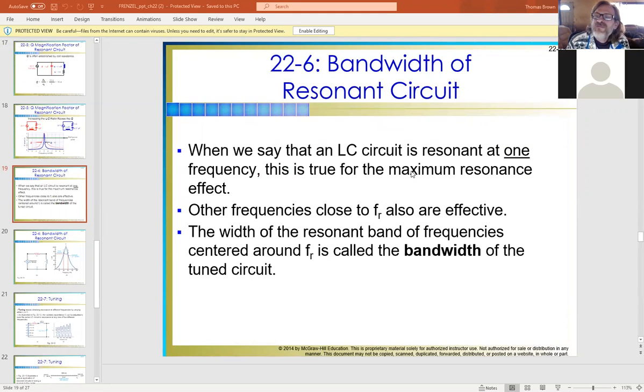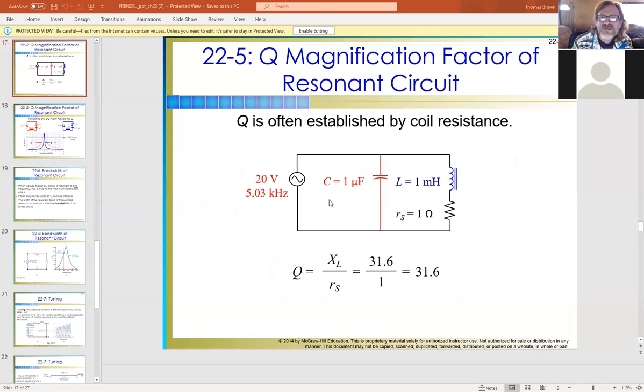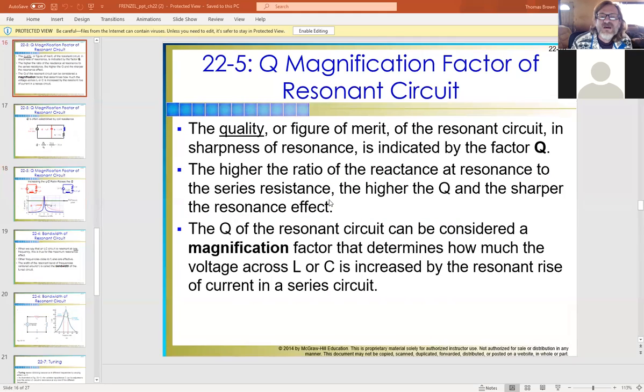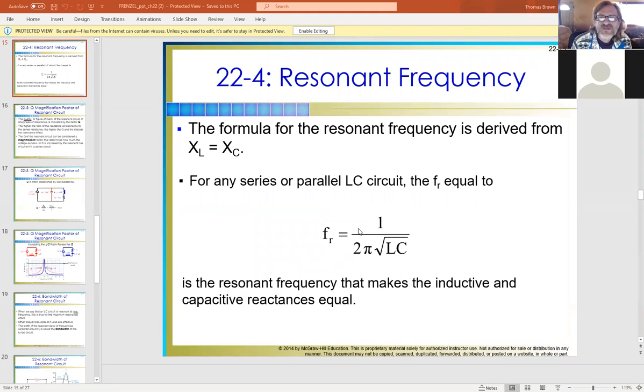If you recall the formula that we used to establish resonance, let me bring it up. Yep, that formula right there. If we wanted to make a resonance circuit using these components, the first thing we would do is set the inductive reactance X of L equal to the capacitive reactance.